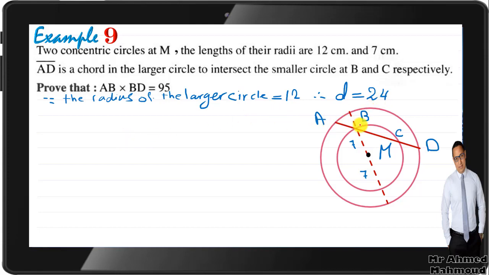Now this line segment, I'm going to call this one E, for example, and this one I'm going to call F. Okay, now to evaluate EB.